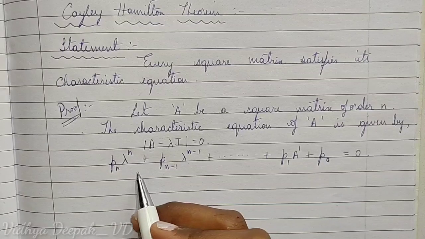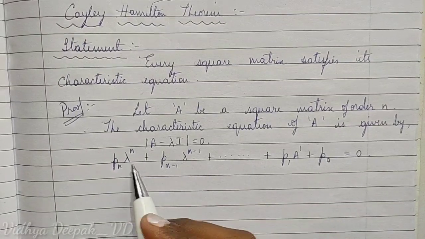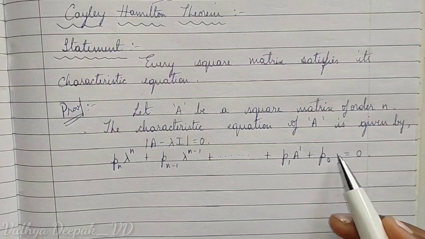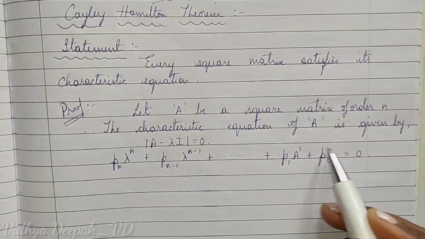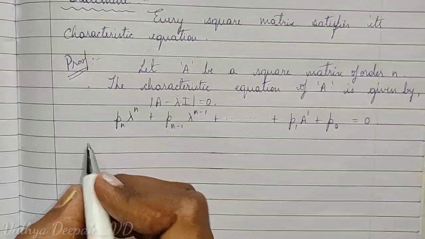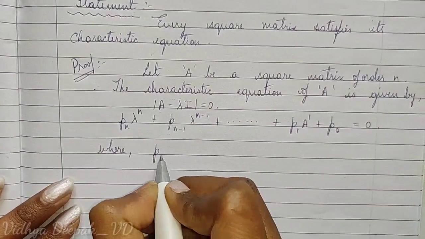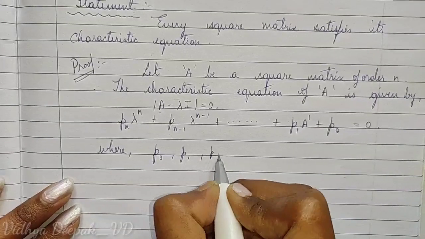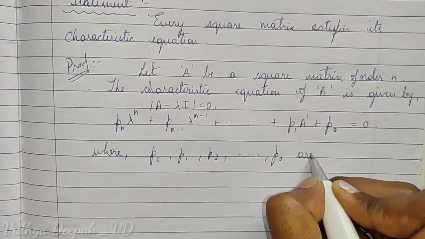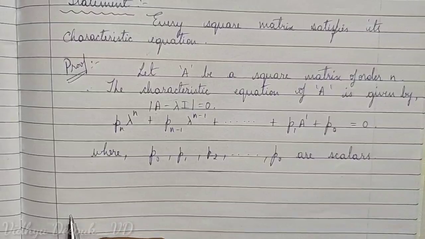We had a value, that is lambda square minus 3 lambda minus 4 is equal to 0. That means lambda will have the highest power, next will be one power less, and finally we don't have a lambda, we have only a constant. So we generalize that and wrote here, where P0, P1, P2, etc. are scalars, or you can call them constants.